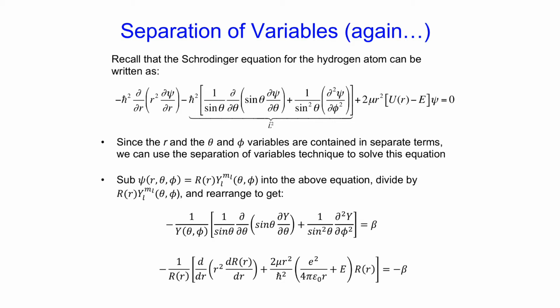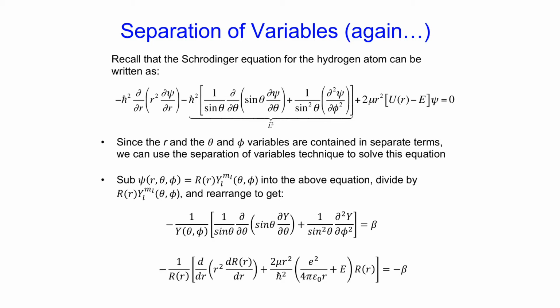So a good exercise would be to just pause the video for a few minutes and see if you can execute that rearrangement. So sub in this expression for your wave function in this equation, and see if you can tinker around with that expression to end up with these two expressions.